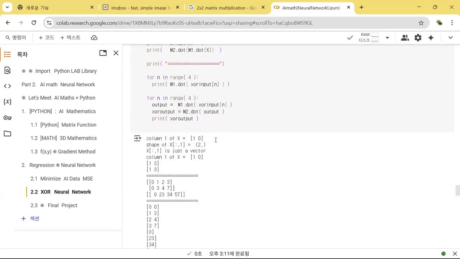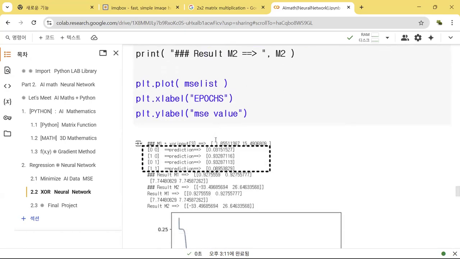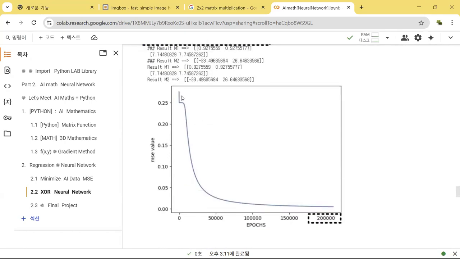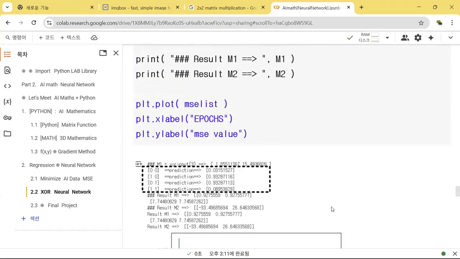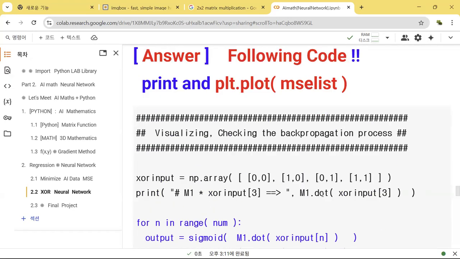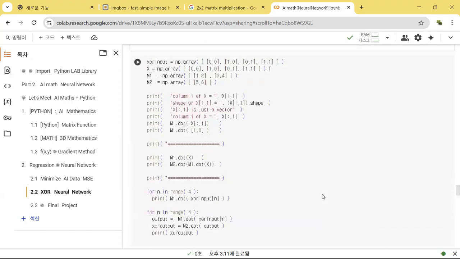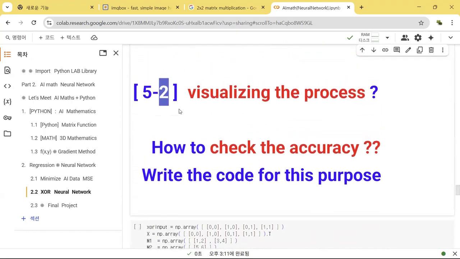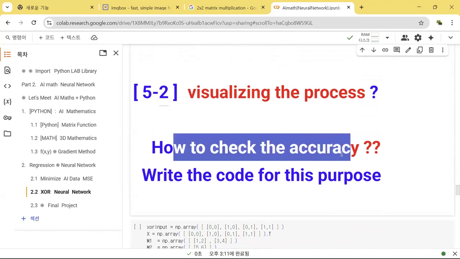So it's nice to introduce this kind of graph for mean squared error: as the execution number increases, it shows that the mean squared error decreases. Then the second part, the last problem, 5.2, is how to check the accuracy.